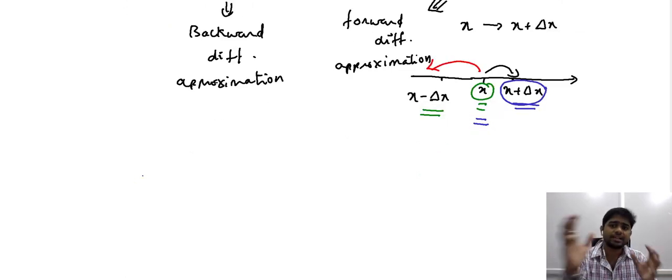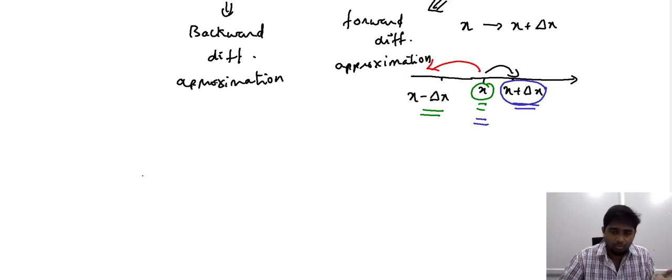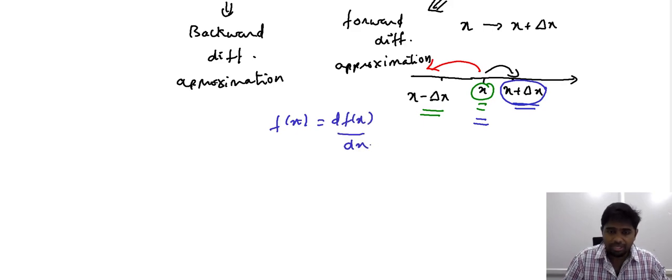Now generally there are two different ways we can adopt to arrive at the derivative of a given function. So you have a function f of x and you want to find the derivative of this function, that is, f of x with respect to the variable that governs it.